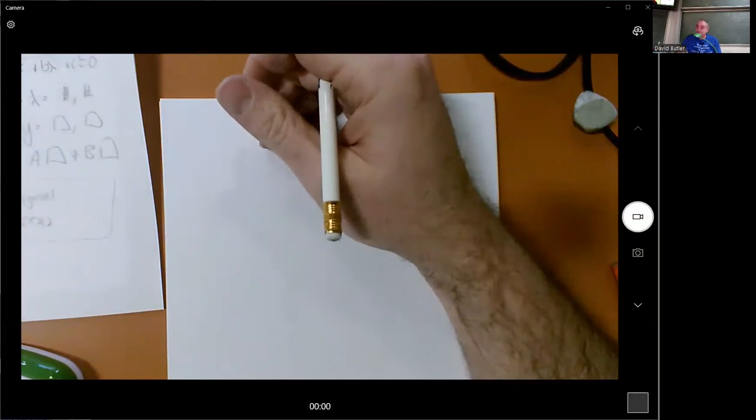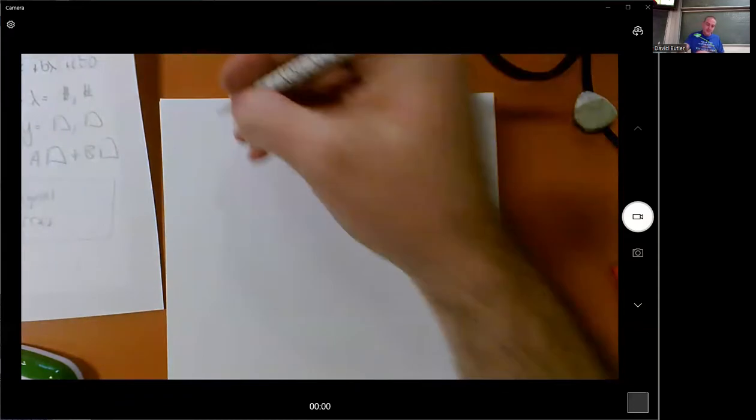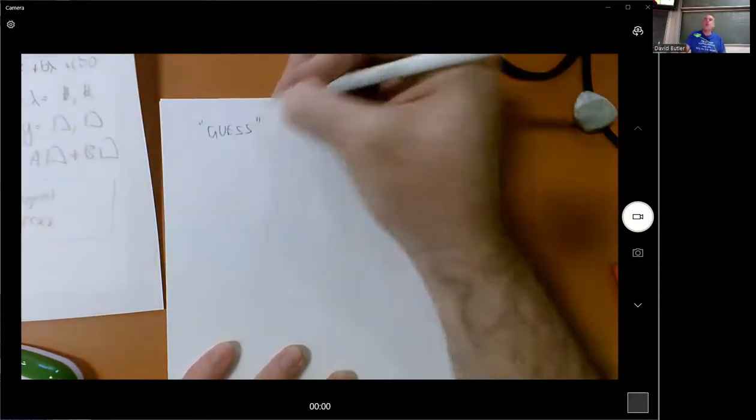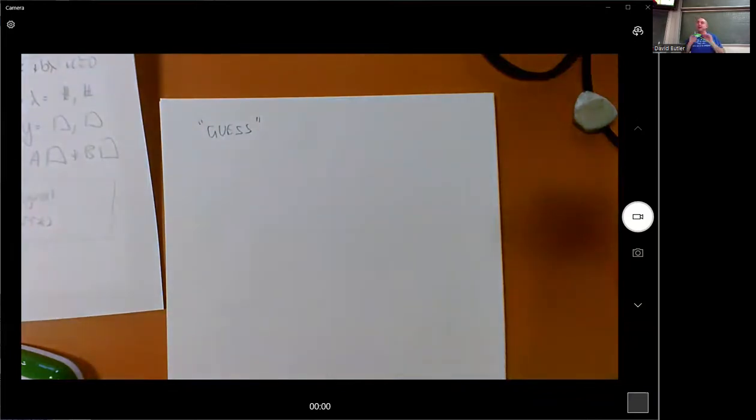And your question earlier was, how do you guess the right thing? So it's not a wild guess. It's a very tame guess. It's an estimate. I'm still going to call it a guess. But it's not an uninformed guess.